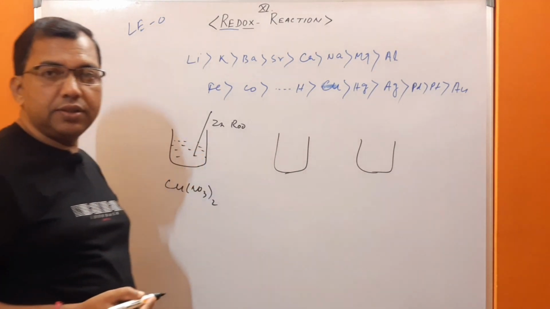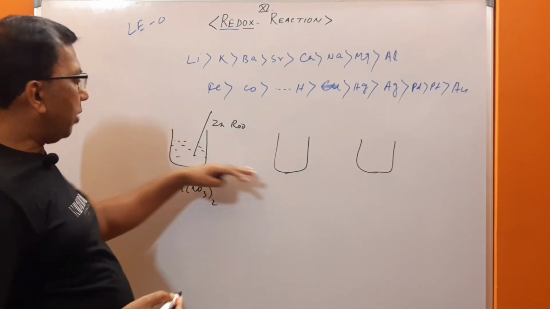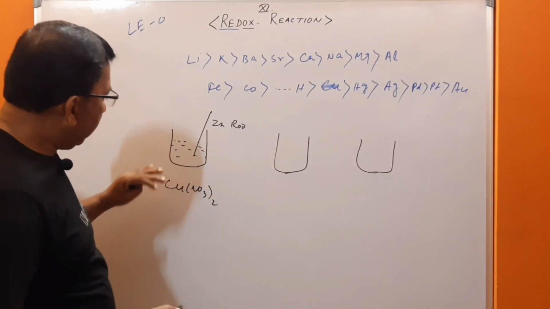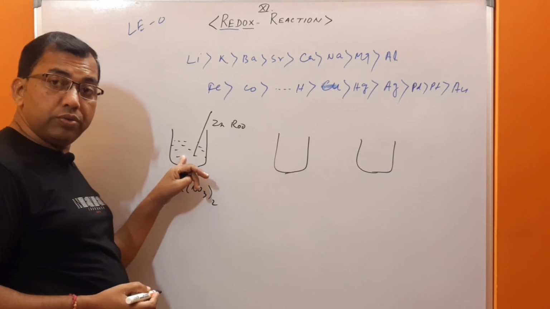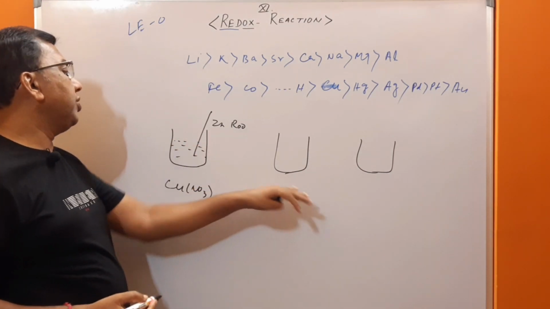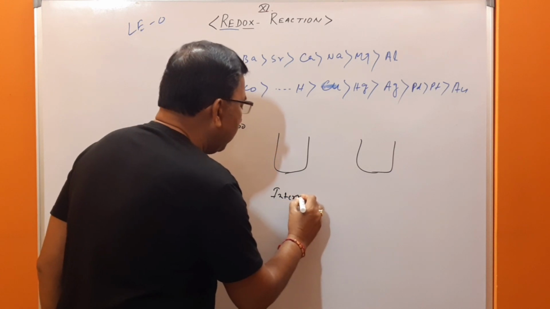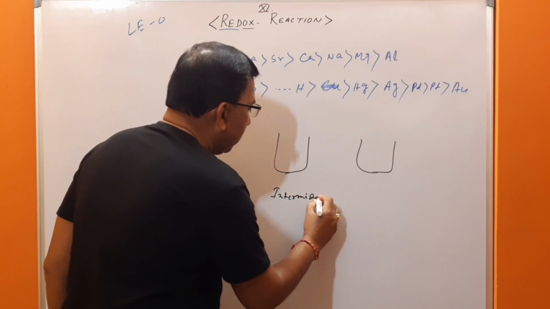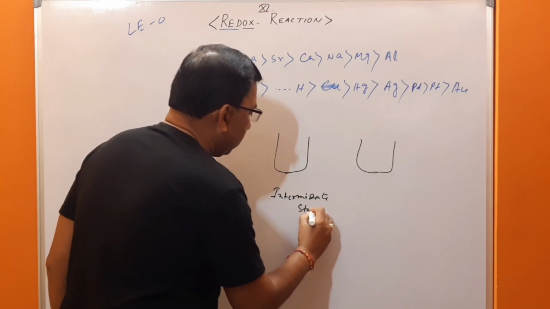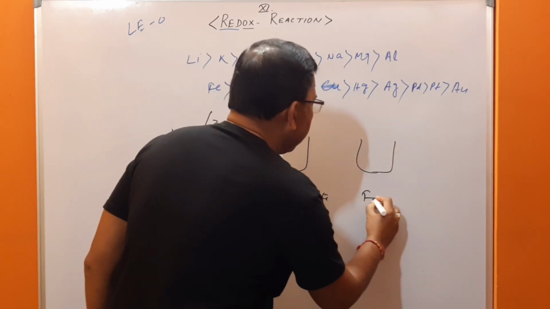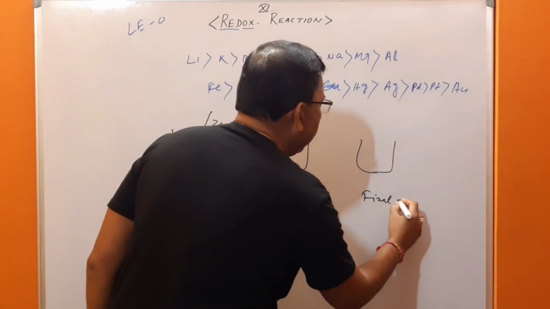So what will happen there? The solution is blue in color. After some time, what you will see is this intermediate state, and this is the final state.